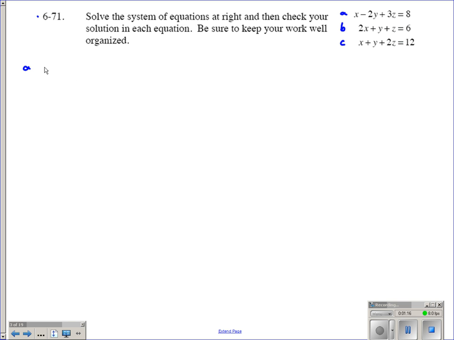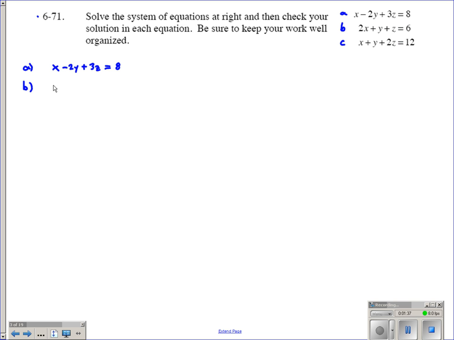So my equation A was x minus 2y plus 3z equals 8. And the equation B that I'm using is 2x plus y plus z equals 6.